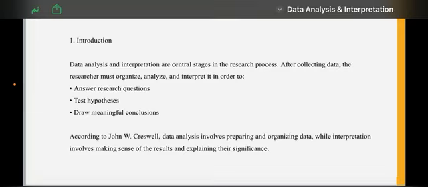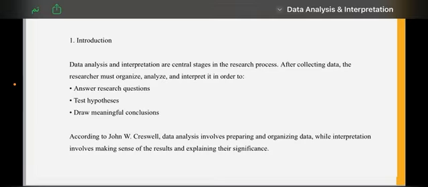So after data collection, it is not sufficient simply to present the data. Rather, it must be carefully organized, examined, and explained in order to answer research questions. While interpretation is focused on explaining the significance of these findings in relation to the research objectives and existing theories.